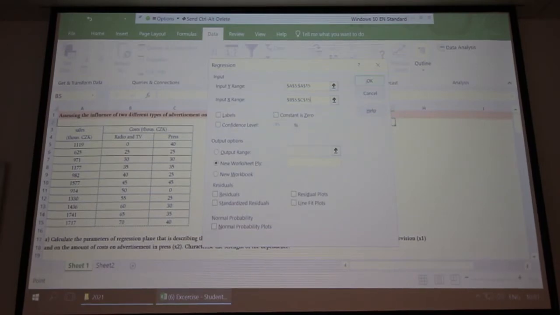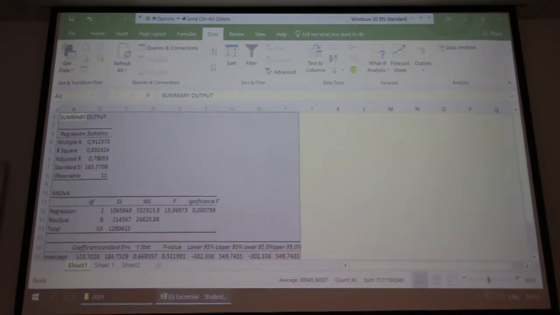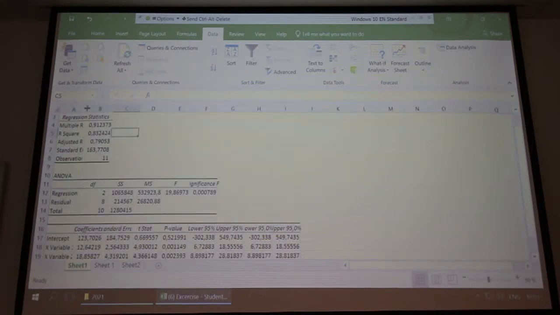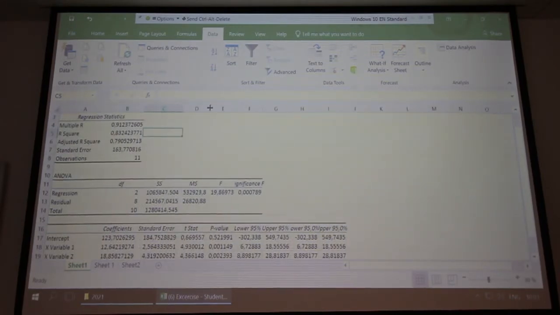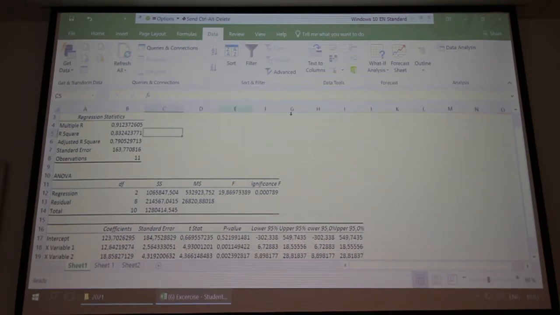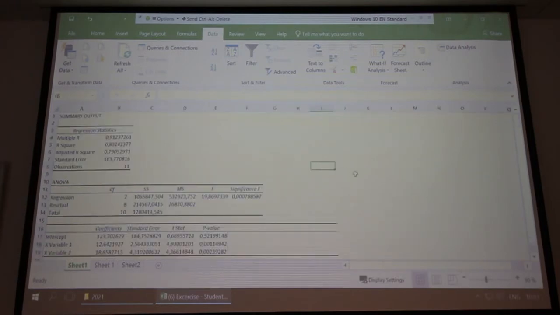So, okay, there is a new sheet, so I will zoom what is necessary. This is necessary, okay, and I will delete what is not necessary. So these bounds are not necessary, okay.